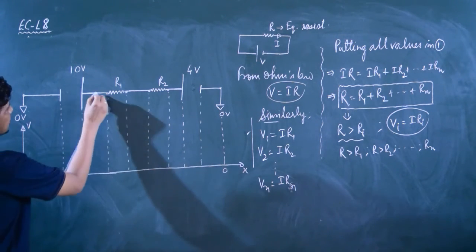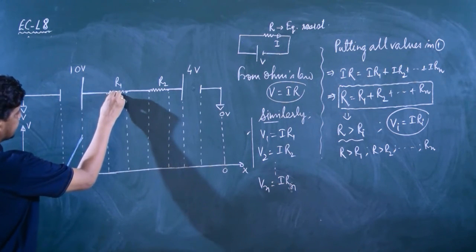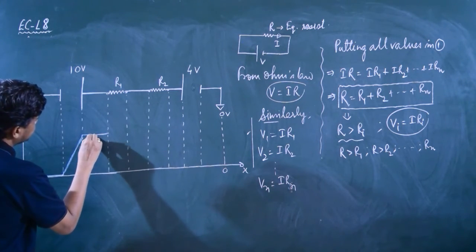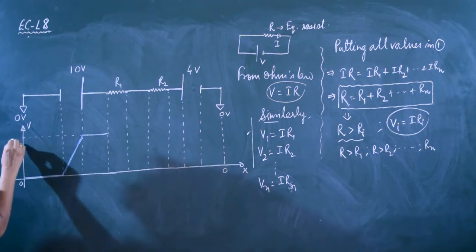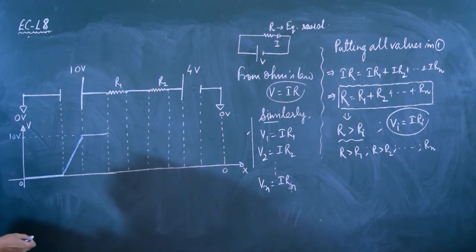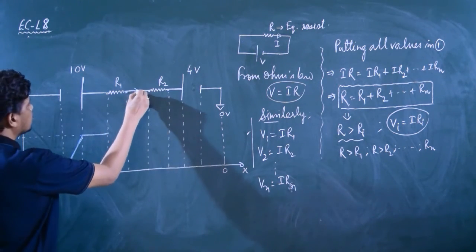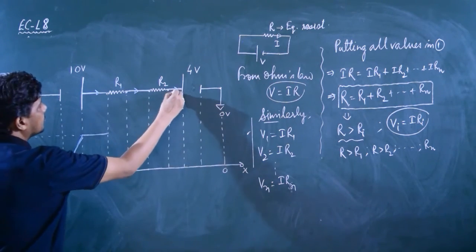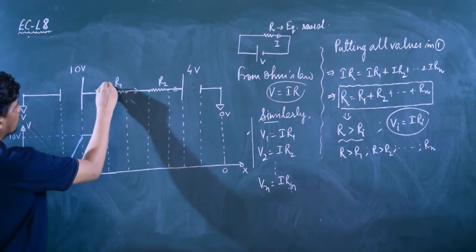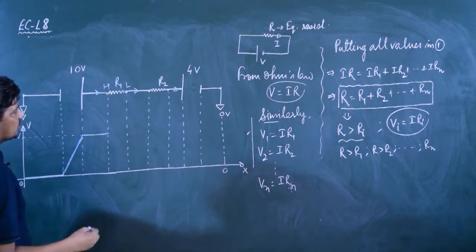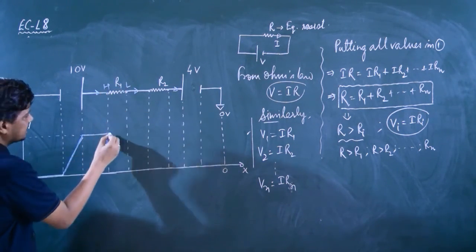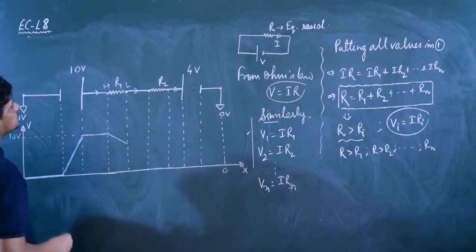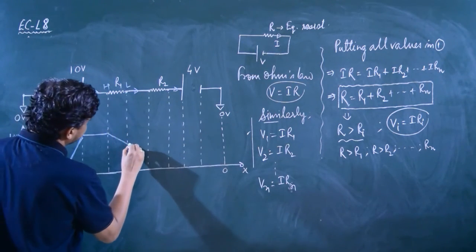Okay. Now this one is nearly a pure conductor with respect to this resistance, so from this end to this end potential is constant, 10 volt. Okay. Now current always flows from higher potential to lower potential, so current will flow towards the right, and so across this resistance potential is decreasing. Okay. Now again potential here is constant.